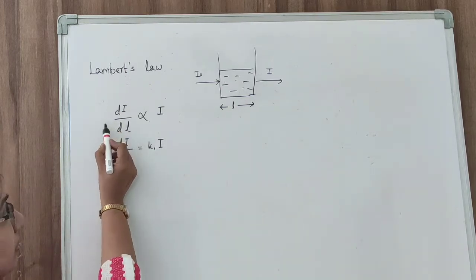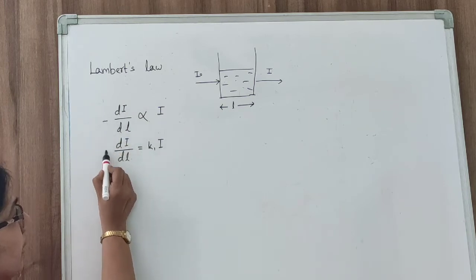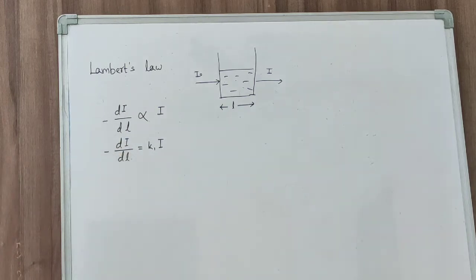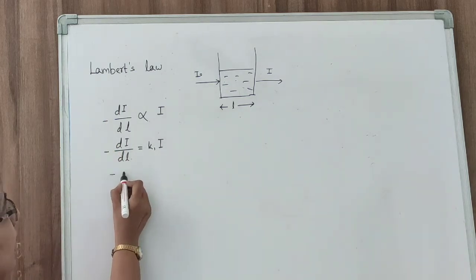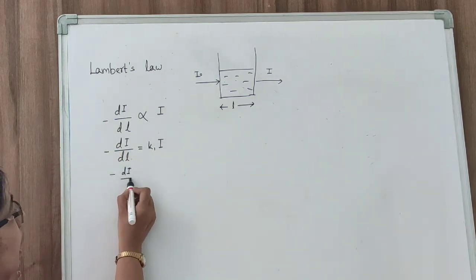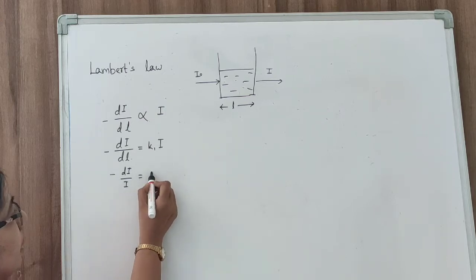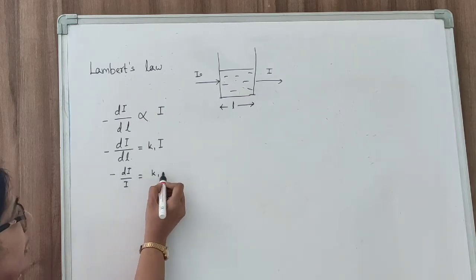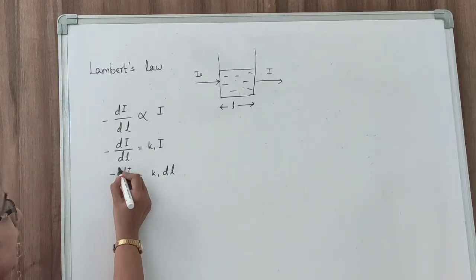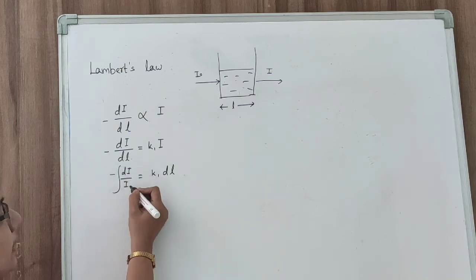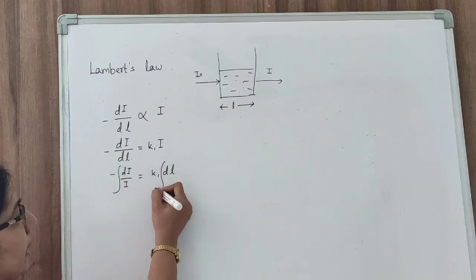Here we have to show the negative sign, because there is a decrease in intensity, and hence we can write minus dI upon I is equal to K1 dl. We can integrate this. Integrating, we obtain minus integral dI upon I is equal to K1 integral dl.